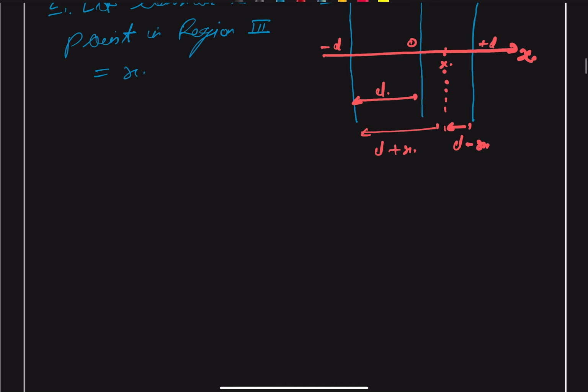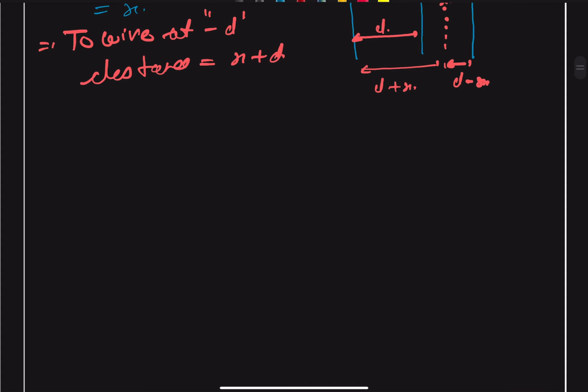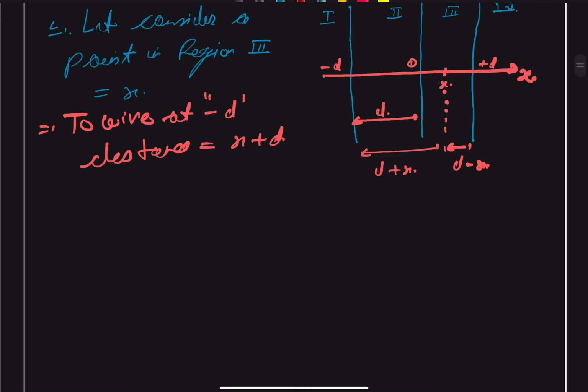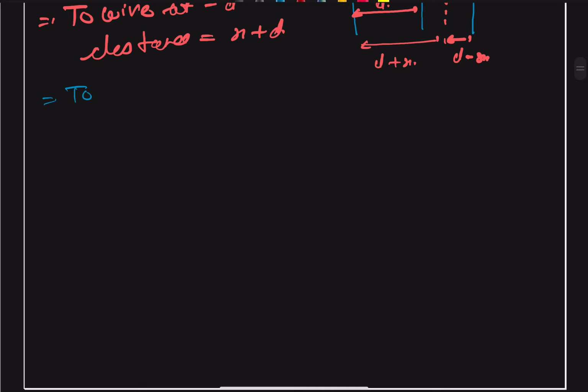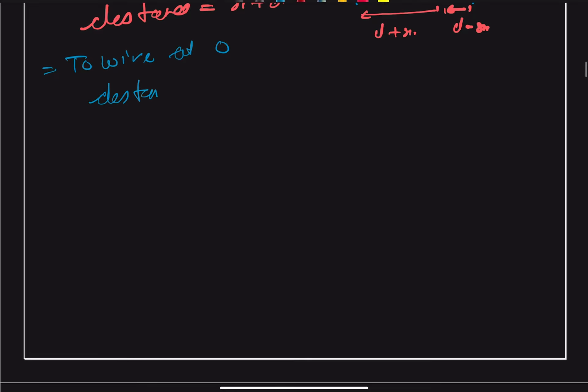You can say that to the wire at minus d, distance is equal to x plus d, and to the wire at 0, distance is x.